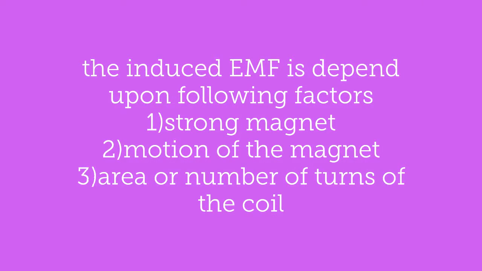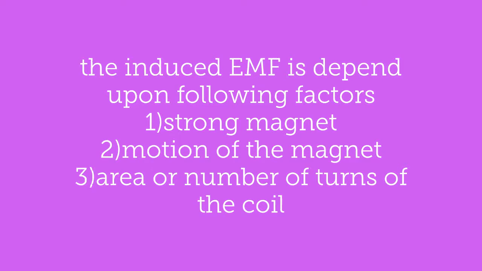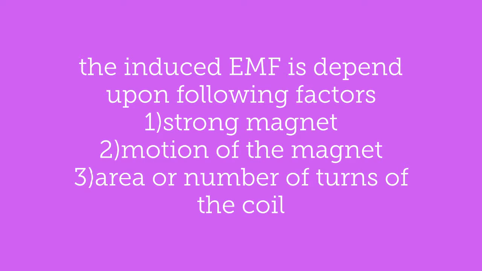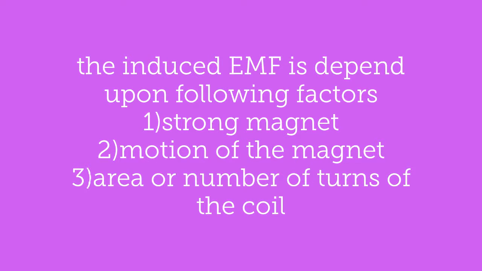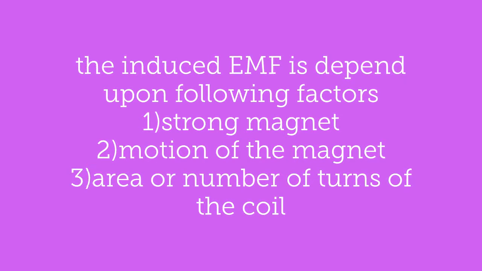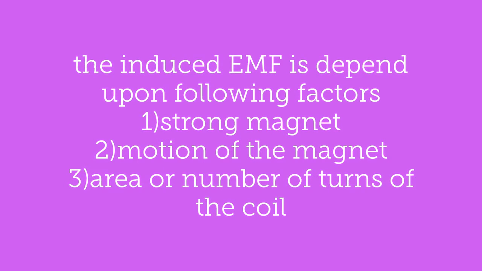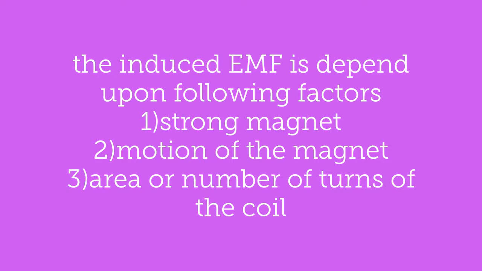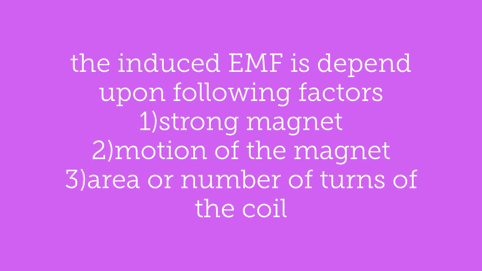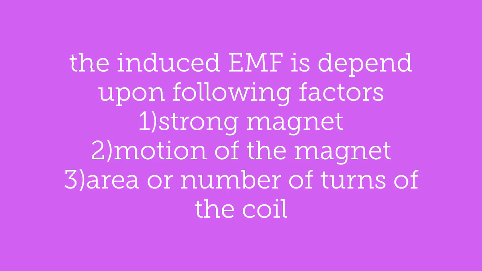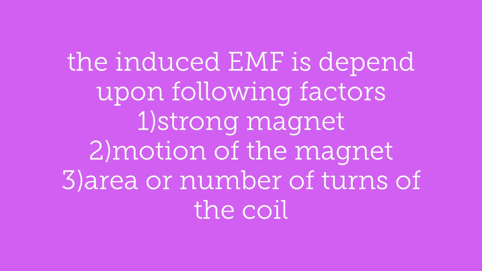Then the induced EMF depends upon the following factors, my dear children. Number one is a strong magnet. Here, if the magnet is strong, the induced EMF is also increased. The second one is motion of the magnet. When the magnet moves, if its speed or velocity is increased, then EMF is also increased.